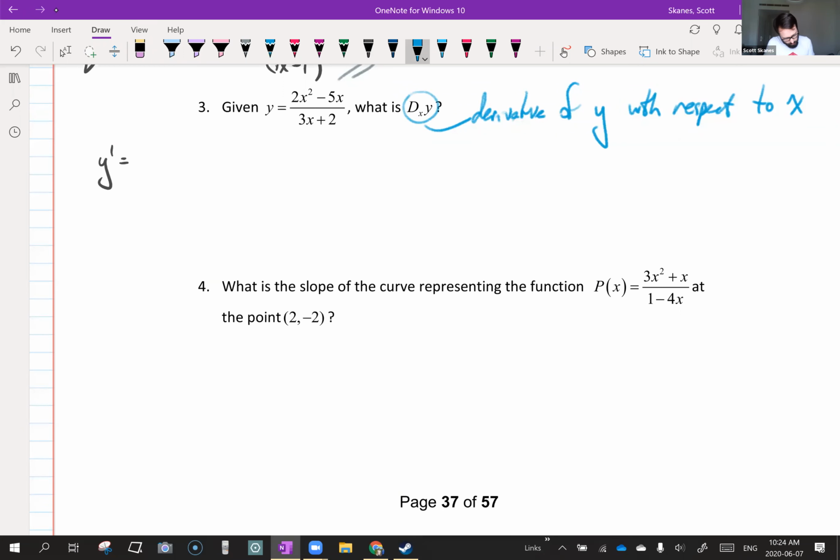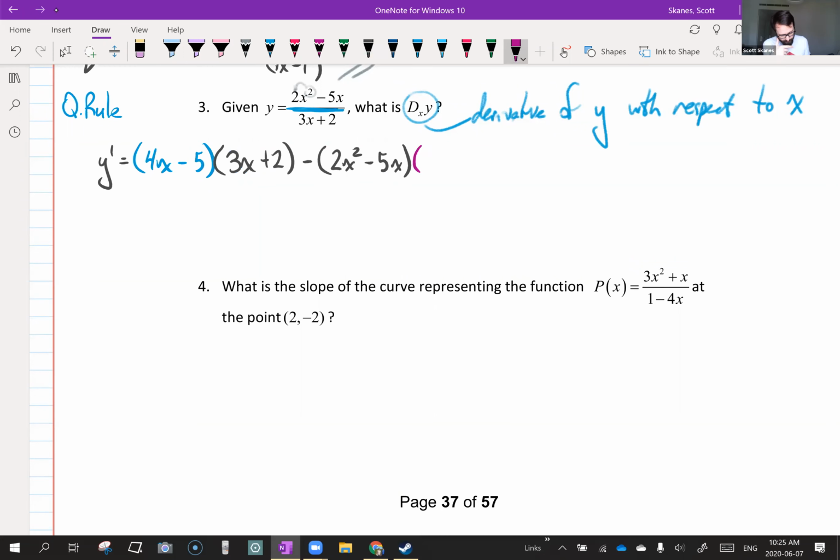And we can see that this is the quotient rule. We know it's a quotient rule because there's a big giant quotient there. There's a big fraction. So let's go ahead and do it. What's the derivative of the top? Hopefully you can follow. You know, you have 2 times this 2 and reduce it by 1. So that's a 4x minus 5. Keep the bottom the same. If you're getting bored of this, if you're like, oh man, really another one like this, then you are starting to understand. Minus the top as it is.